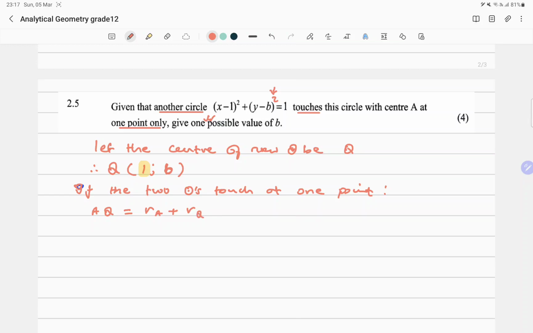It means the circle center. Meaning the radius of the circle centered at A, not minus but plus, because the distance between them is essentially their radii. That is how you explain a story like that.